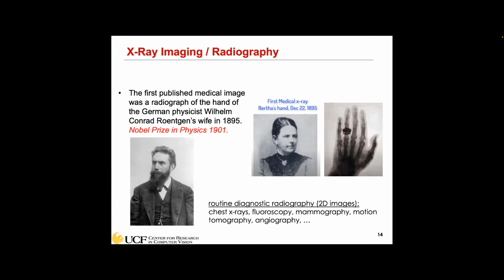He realized that the tubes were emitting not only light, but also a new kind of radiation. Because this was an unknown radiation, he called it X-ray. Okay, so this is the first X-ray of his wife. You can see this picture shows the hand, right, the bone structure, and here maybe this is the ring.